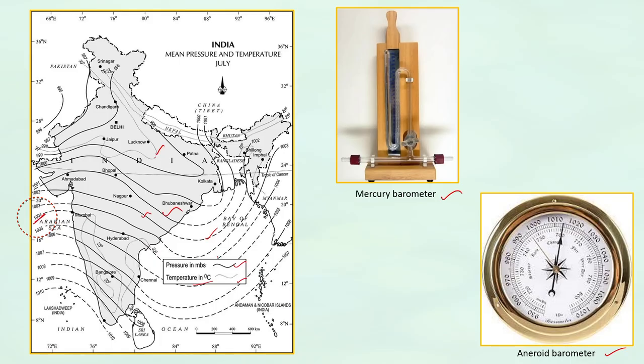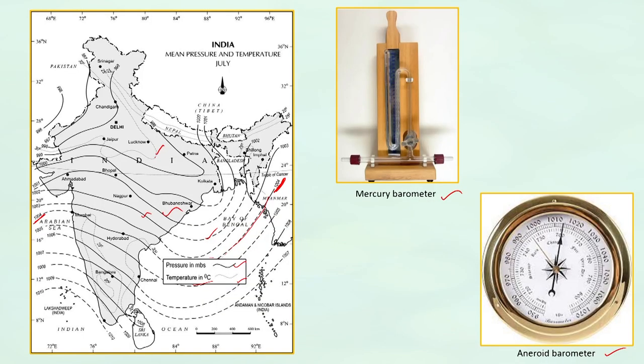Is there any other value here? Follow this line, here also 1004. So, what is the meaning? Wherever this line goes, the surface of the earth along the line experiences an air pressure of 1004 millibar.